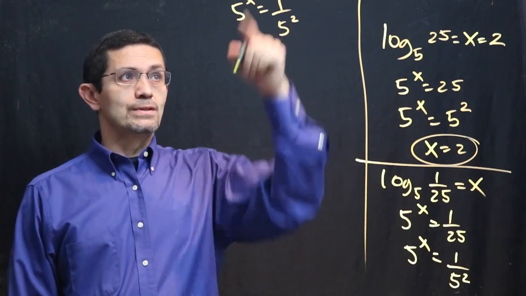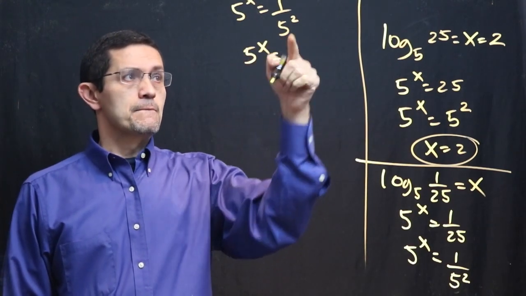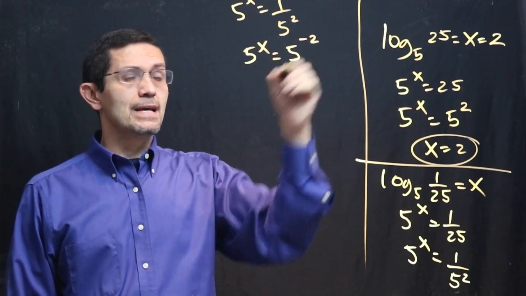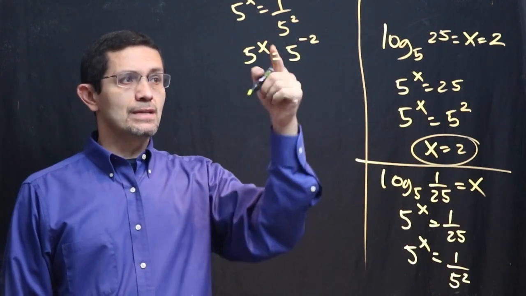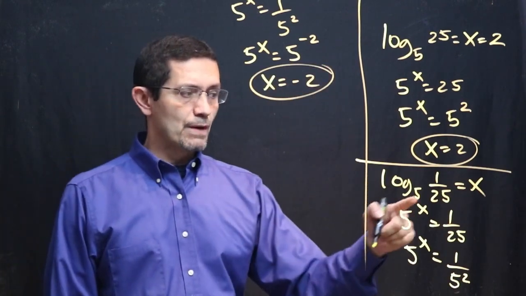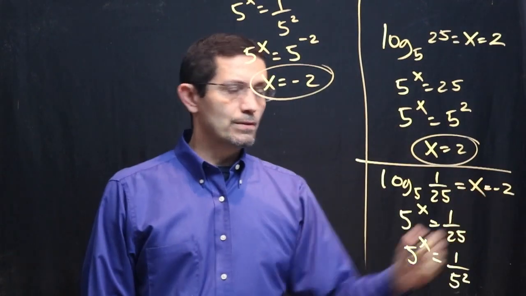That 5 has to move to the top. Negative exponent: if it's positive on the bottom, it becomes negative on the top. If the bases are the same, x equals negative 2. So log base 5 of 1 over 25 equals negative 2.